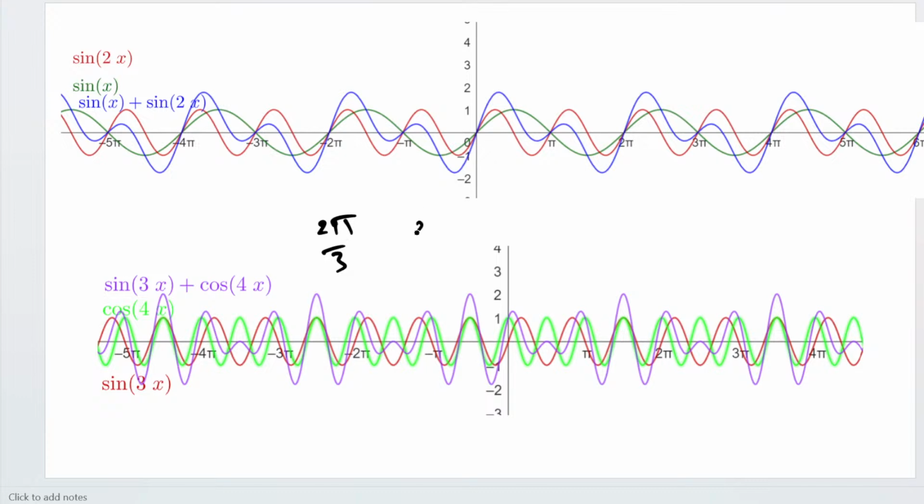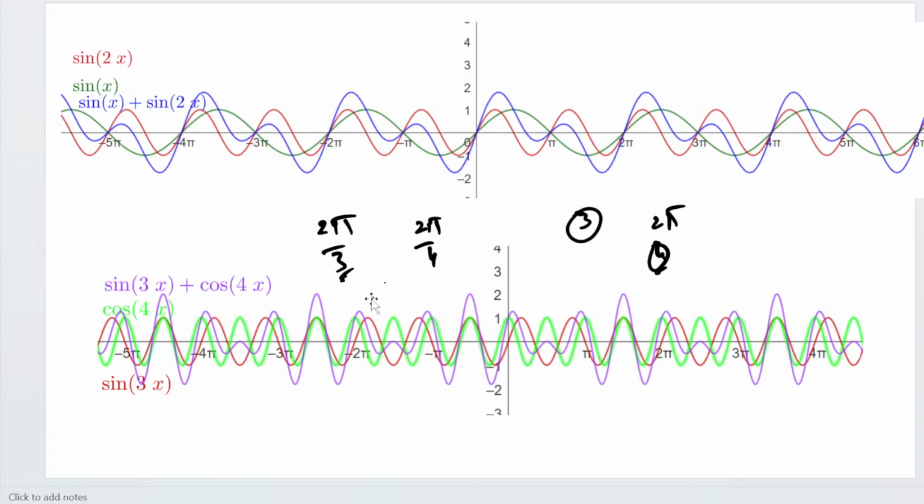And this one repeats at 2 pi by 4. So basically in 2 pi time, it is doing 3 rounds. In 2 pi time, it is doing 4 rounds. Agreed? It is doing 3 rounds in 2 pi, right?